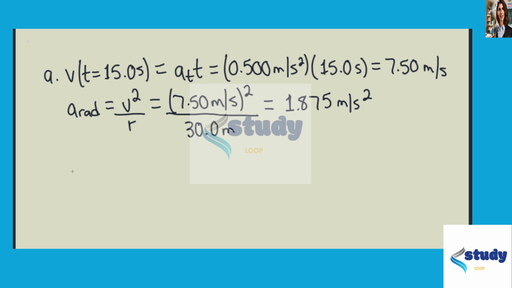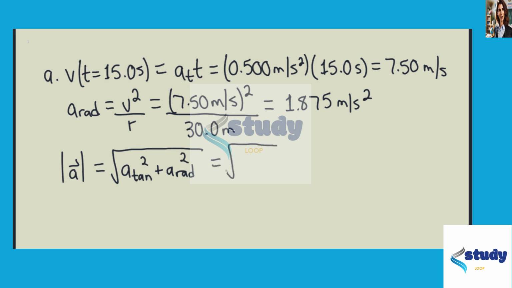And so the magnitude of the net acceleration would be equal to the square root of the tangential acceleration squared plus the radial acceleration squared. So this would be equal to the square root of 0.500 meters per second squared quantity squared plus 1.875 meters per second squared quantity squared.